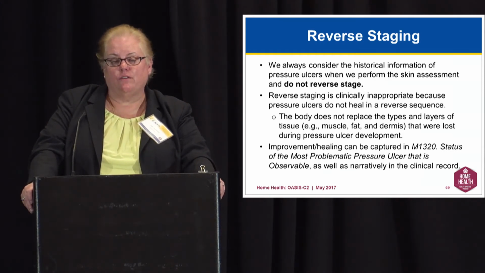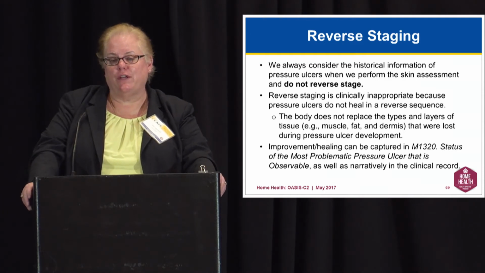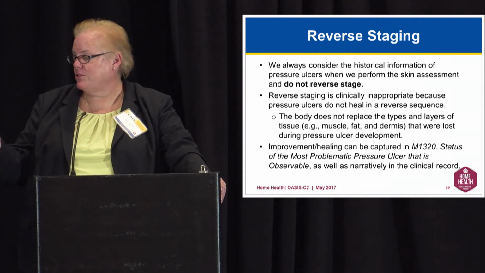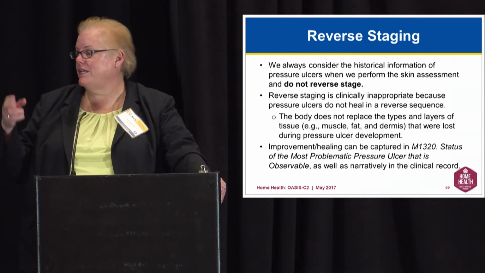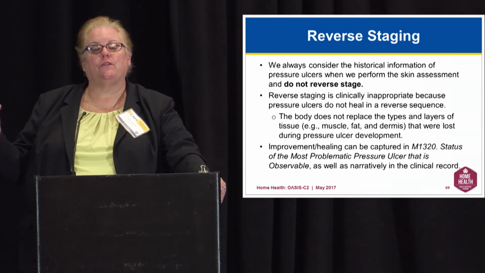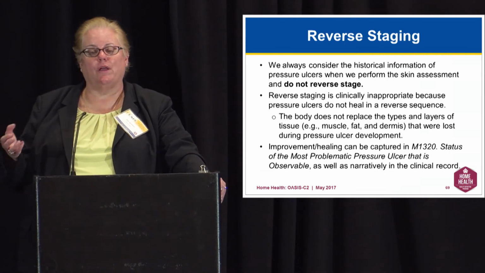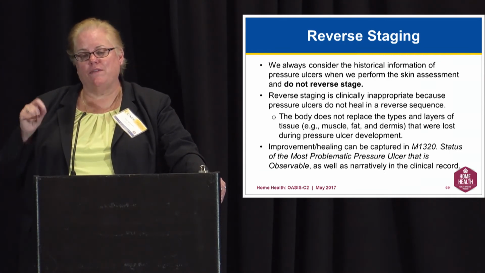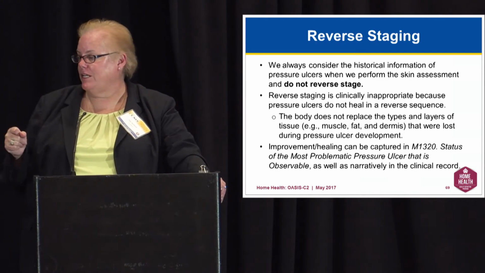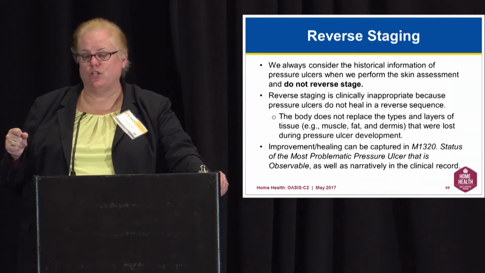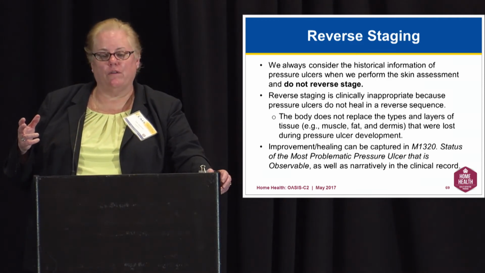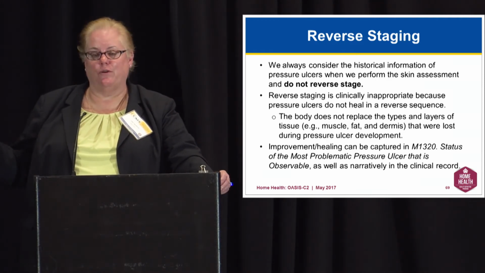The slightest little thing could take that fragile tissue that now appears as stage 2, but if that was originally a 4, what did I just say? It takes an extensive period of time to build up the scar tissue, but even then that tissue's not the same. So the risk of that opening back up and becoming a stage 4 again from what appeared to be a stage 2 can be fairly great. So you wouldn't want to all of a sudden take credit from a stage 2 going to a stage 4.